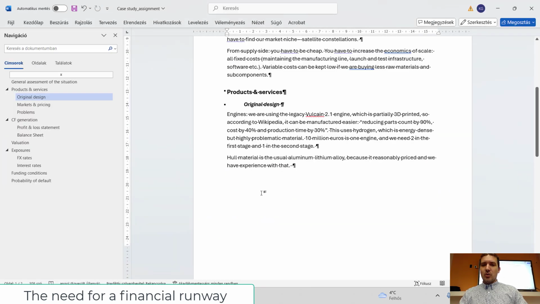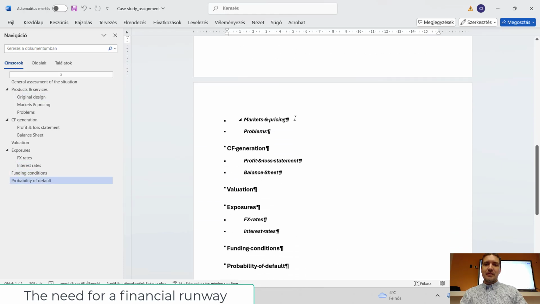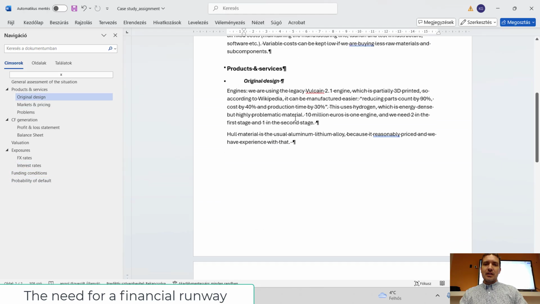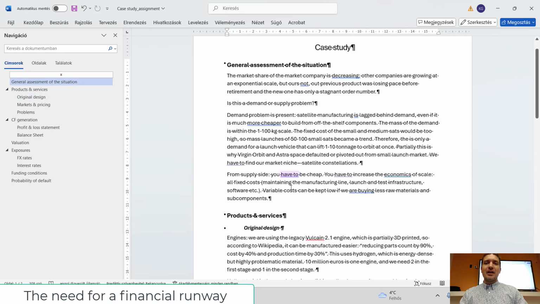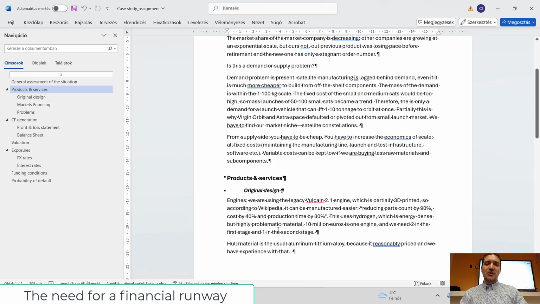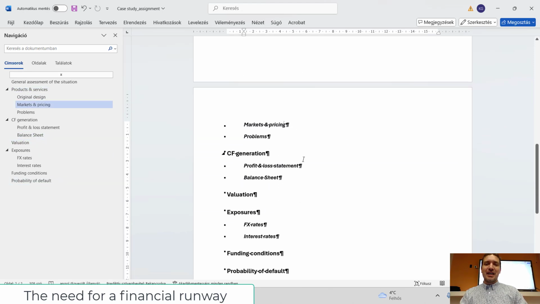So, this is where we are stopping today. So we already understood the situation, also designed something, and then we were coming up with some financial solution for pricing and problem identification, and after that we created also the profit and loss statement, and also we have something about our balance sheet.